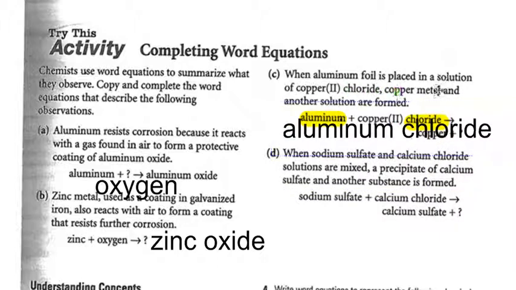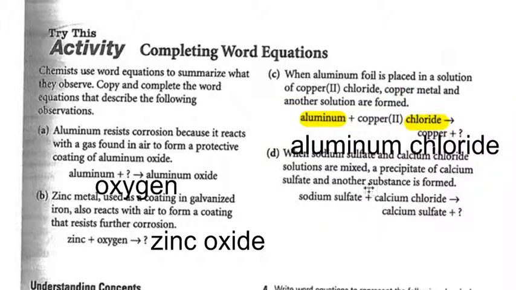My font is a little bit too big here. And the last one, when sodium sulfate and calcium chloride solutions are mixed, a precipitate of calcium sulfate and another substance is formed. So we can predict here what the other substance will be: sodium sulfate, calcium chloride. And then we have calcium sulfate as one of the products. So calcium will combine with sulfate. And of course, what's left over is sodium, the metal. You'll notice that the metal is always mentioned first, then the non-metal.